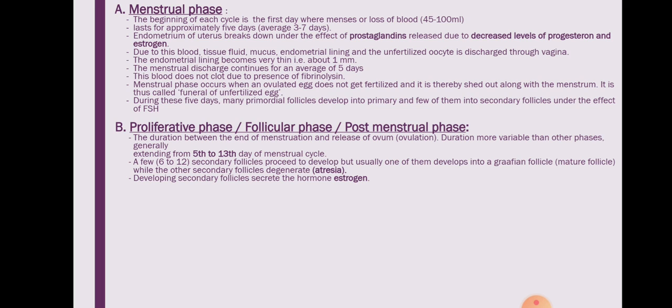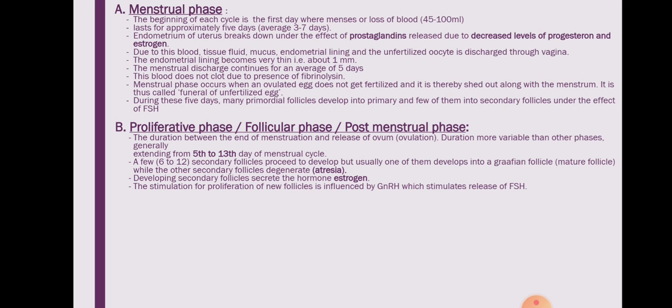So the developing secondary follicles secrete the hormone estrogen. This is responsible for development of follicles into mature follicles, and this proliferation of new follicles is under the influence of gonadotropin releasing hormone, which stimulates release of FSH.